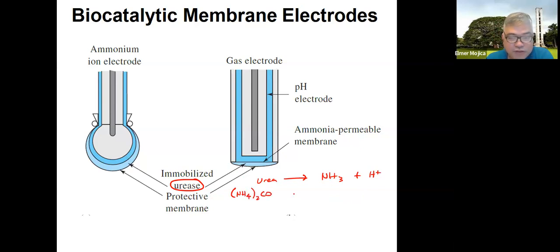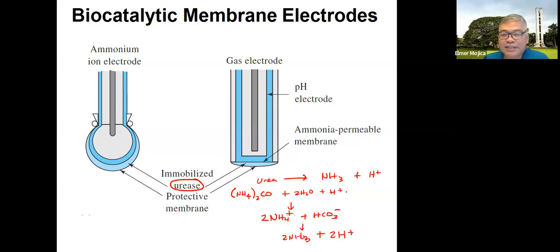So if you're going to look at urea, that's NH2CO NH2, plus 2H2O, plus H plus, is going to produce ammonium ion and HCO3 minus, which can break down further into what? 2 ammonia and 2 H plus.